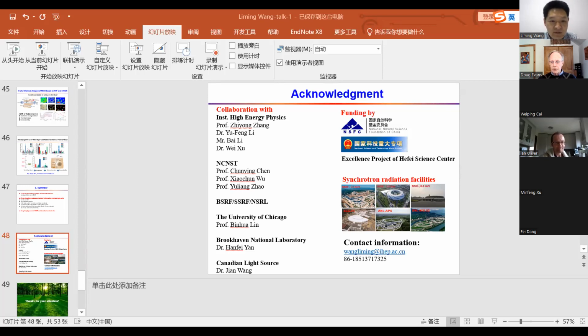Other questions for our speaker today? Maybe while you're thinking about that, let me ask you one, Liming. A lot of what you've shown us today is experimental work where you can prepare your sample and then directly take it to the facility. But if we think about extending this to more environmental type samples, does sample preservation become an issue?